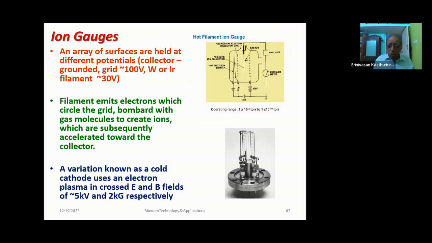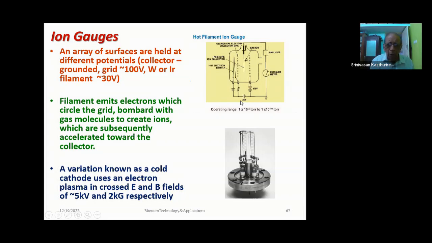Now we'll talk about the ion gauge. What is an ion gauge? An ion gauge has a filament, as you can see in the structure here, which is used for emitting electrons. It normally contains a collector, and then a cylindrical electron collection grid. You have a collector which is grounded, a filament which emits the electrons, and then a grid.